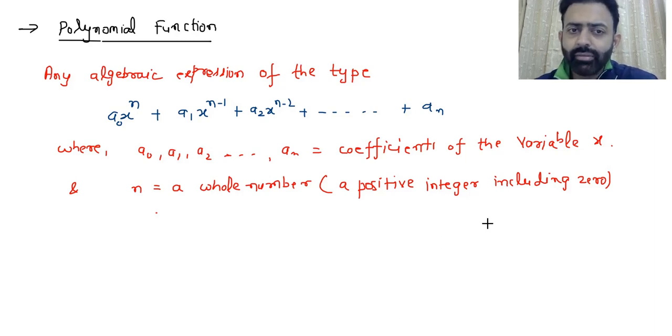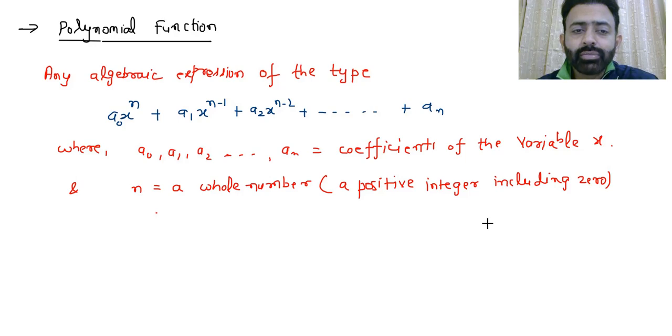So n can have a value. Can n have a value 0? That we'll find out. Yes, it can have a value 0, but not in this case. If your expression is starting from x raised to power n minus 1, then it cannot be 0. Why I'm saying that it cannot be 0, we will see with some examples.